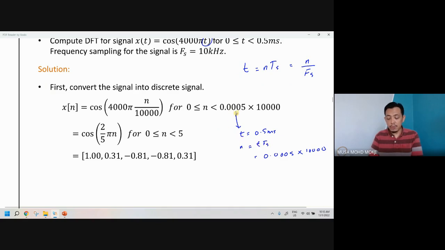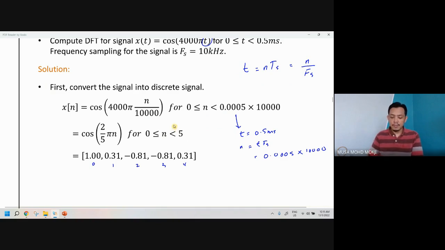So n is from 0 up to less than, be careful, this is less than 0.0005 times 10,000, which gives 5. So n goes from 0 up to 4, not 5, because this is less than 5. So 0, 1, 2, 3, and 4.